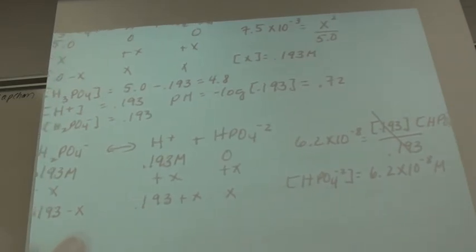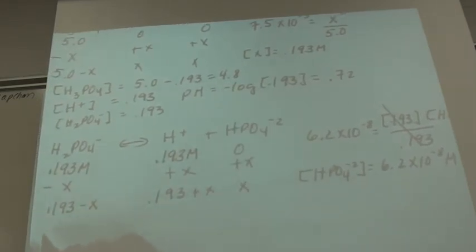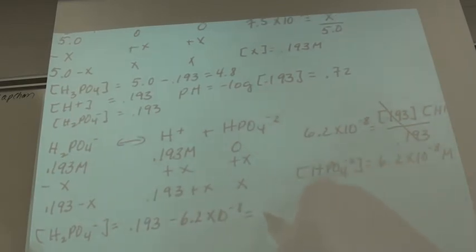All right, that means that at equilibrium, H2PO4 minus concentration is equal to 0.193 minus our X, which is really 0.193 molar, isn't it?